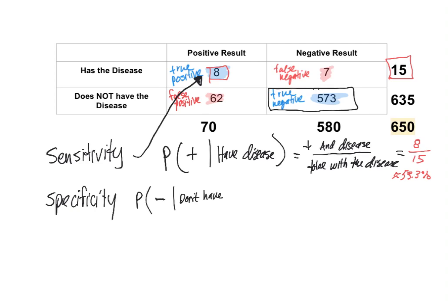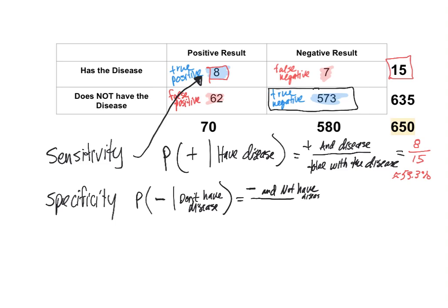So what is the probability that the test will be able to correctly identify those without the disease? And so we want to look at the true negatives, so those that are negative and do not have the disease. So that's referred to as the true negatives.